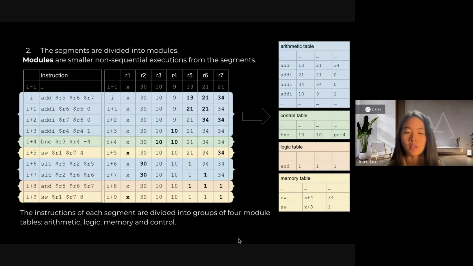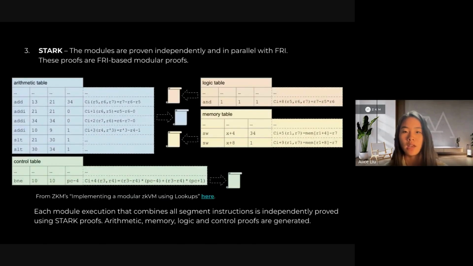So for example, all arithmetic related instructions are put into the arithmetic table, all logic-based instructions are put into the logic table, and so on. And then from here, we'll go through and generate some STARK proofs. All of those modules are independently proven.